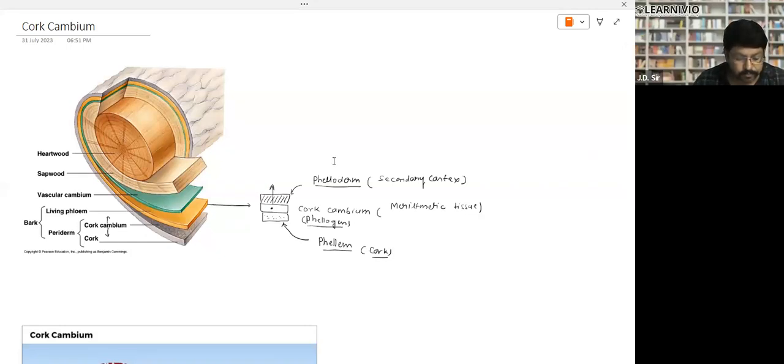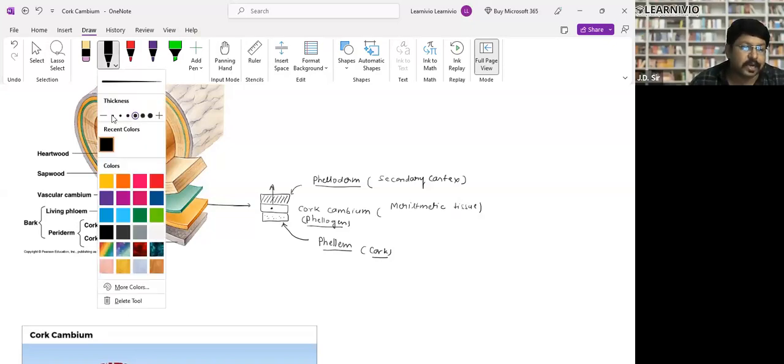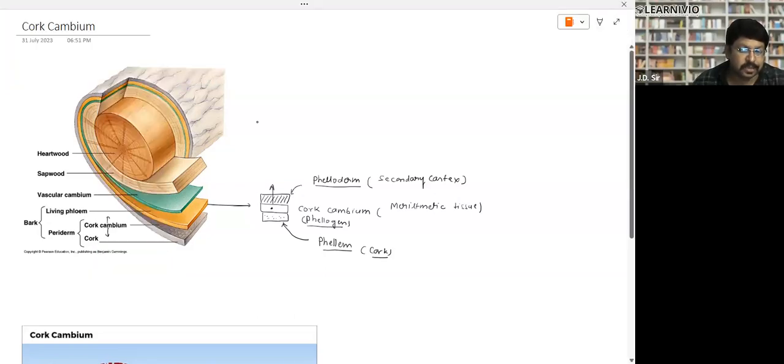The cork cell contains tannin. Hence, they appear brown in color.